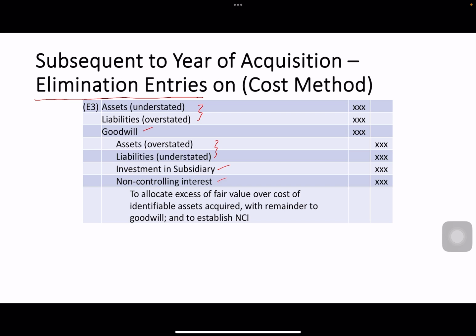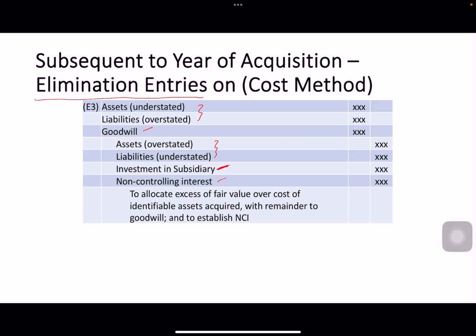Hence, every time the parent has to consolidate, the parent needs to restate the subsidiary's assets and liabilities from book value to fair value. Similarly, in the separate books of the parent, the investment in subsidiary account still exists.